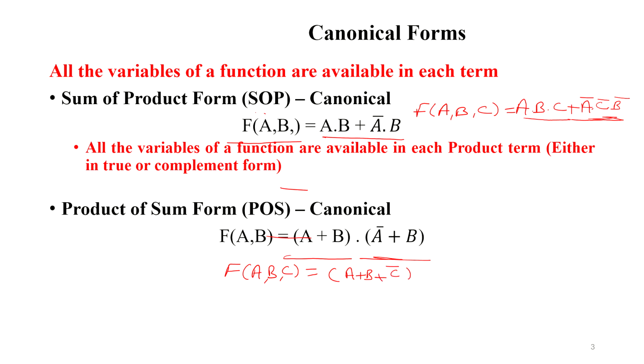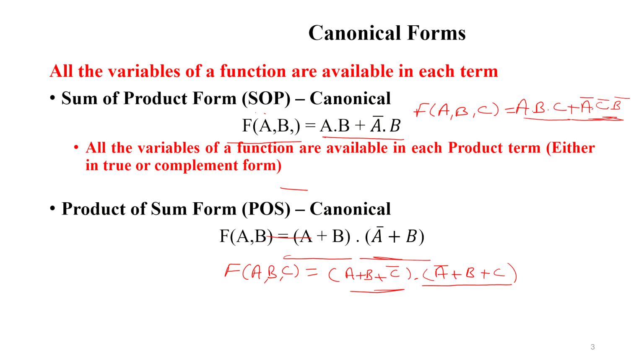We should have all three variables in each term, whether barred or simple. Multiplication is there: A bar plus B plus C. All three variables are there, again all three variables are there. So this is a canonical form.